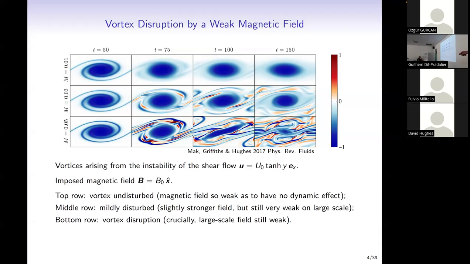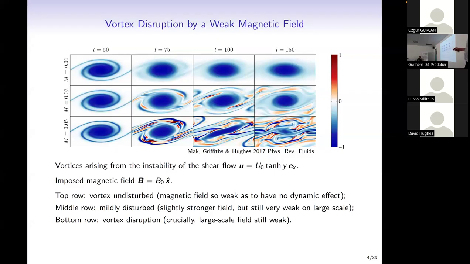The middle one has an extremely weak, large-scale magnetic field. What happens, of course, is that the vortex winds up the magnetic field, but nothing much happens to the vortex here. The magnetic field in the middle is entirely passive. It gets moved around by the vortex, but it has no dynamical consequence. The interesting one is the bottom plot.